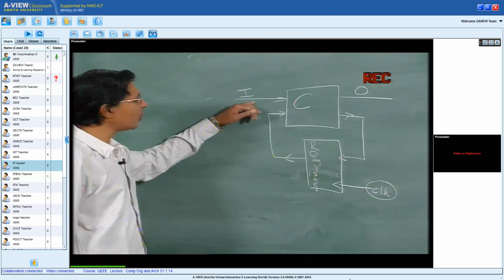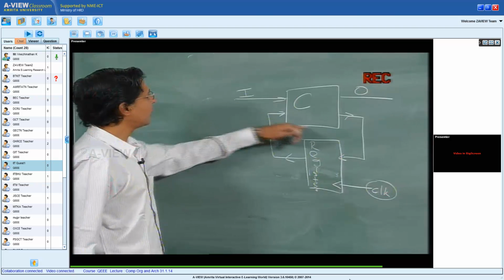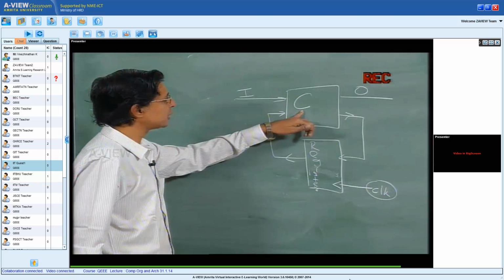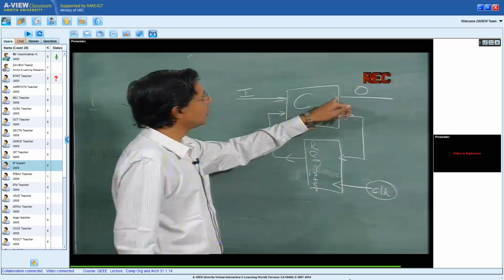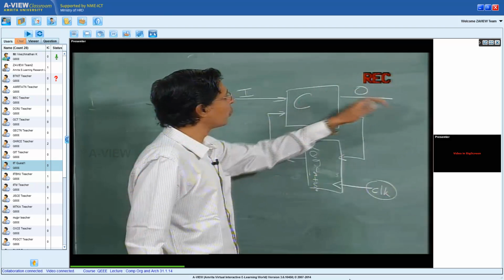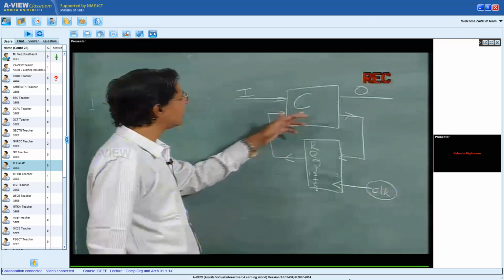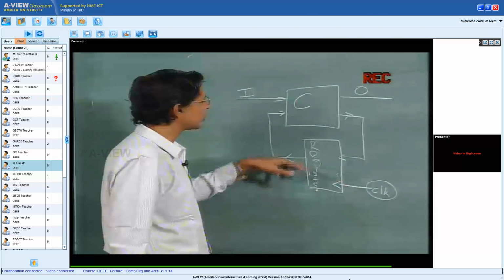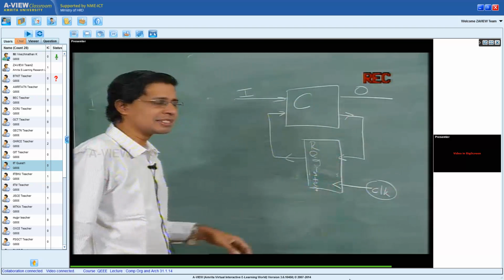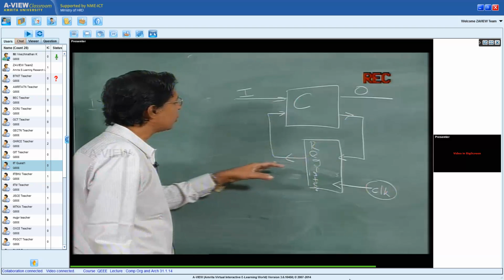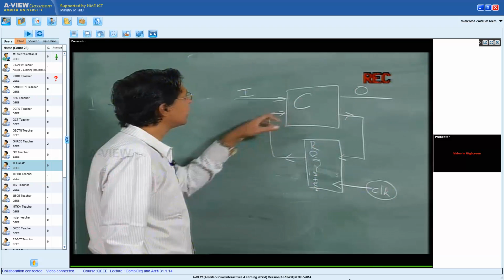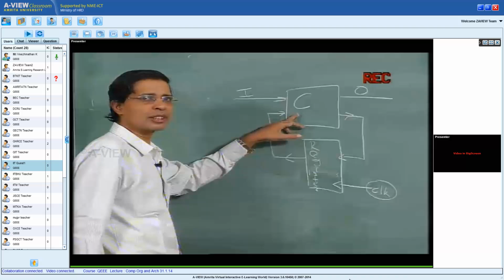So you apply an input, that input is processed by this combinational circuit and some output is generated. In addition, some part of the input is also saved in a register, and those values are again fed as additional inputs to this combinational circuit.